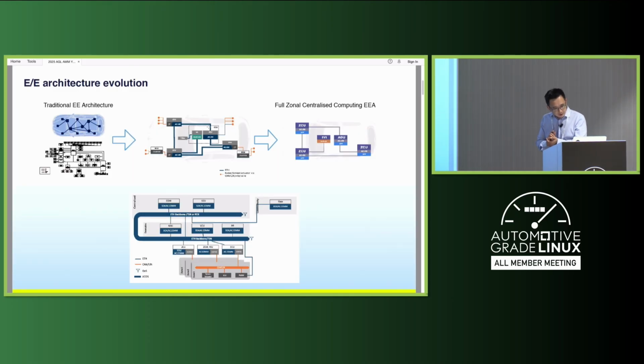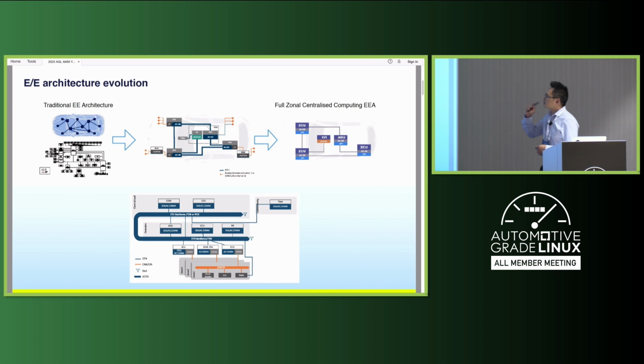This picture, probably a variation of which has been shown in different OEM and Tier 1 presentations already. On the top left is the traditional E/E architecture, where in a typical passenger vehicle you're looking at between 100 or 120 discrete ECUs.